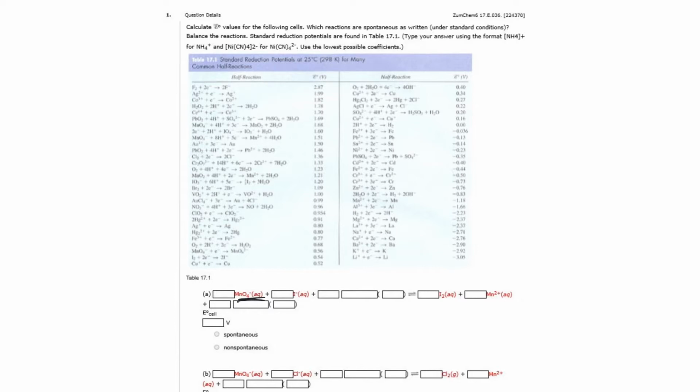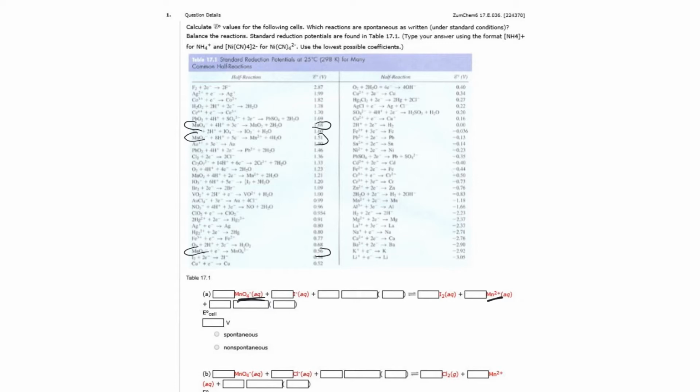So given that I have permanganate, I'm looking at any reaction that might have permanganate. Here's one. Here's one. And here's one. Three possible reactions. On the product side, the manganese-containing product is manganese 2+ ion.